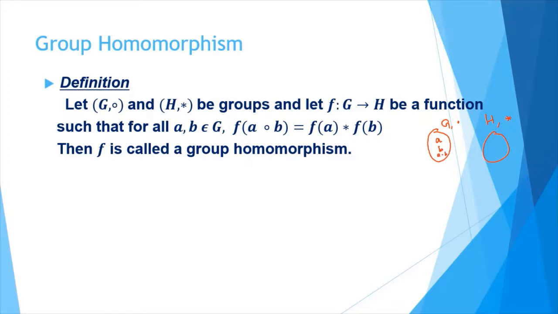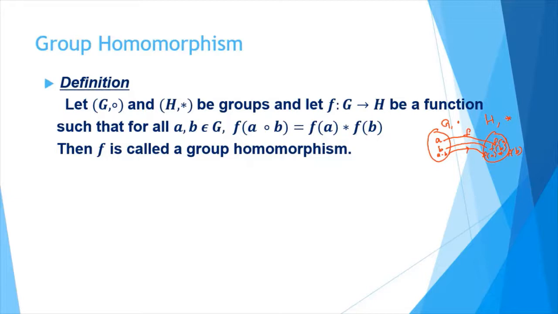If f is a function which maps G to H, then a will be mapped to f(a). Similarly, b will be mapped to f(b). Now, as H is a group, you will have an element f(a) * f(b). Now, this a · b must be mapped to f(a) * f(b). If it holds for all pairs a and b, then f is said to be a group homomorphism.